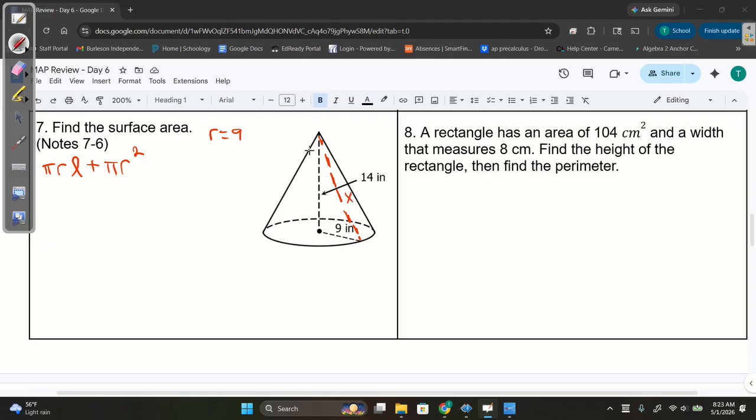So again, we're going to have to use Pythagorean theorem to find out what the missing slant height here is. In this case, this would be A, B, and C. So I would say 9 squared plus 14 squared equals x squared. Luckily, all the numbers are already on one side, so all I got to do is square root it and get a slant height of 16.64.